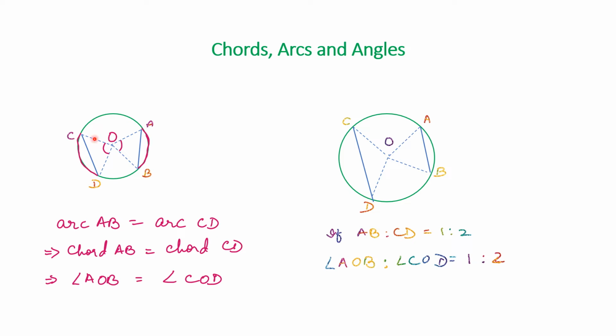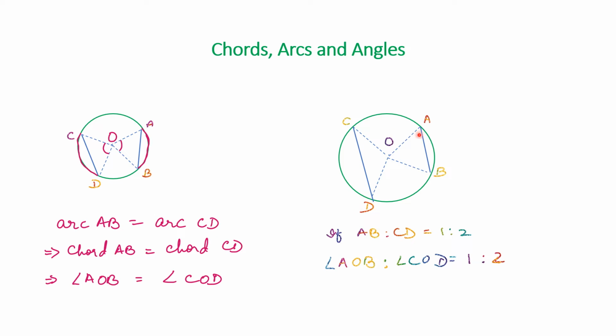So if arc AB is equal to arc CD, that is, the length of arc AB is equal to the length of arc CD, then it implies that the chord AB is equal to the chord CD, and it further implies that angle AOB is equal to angle COD.